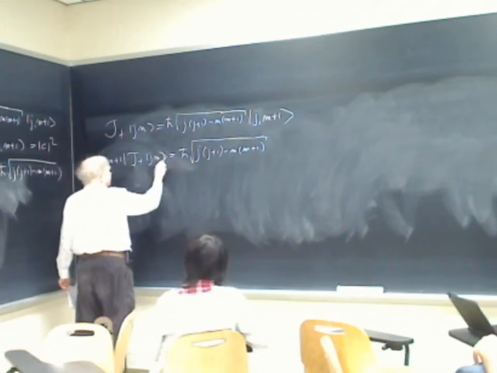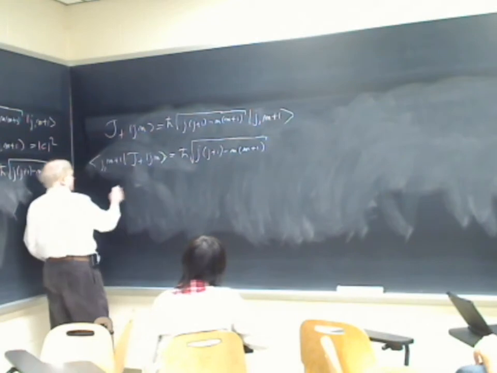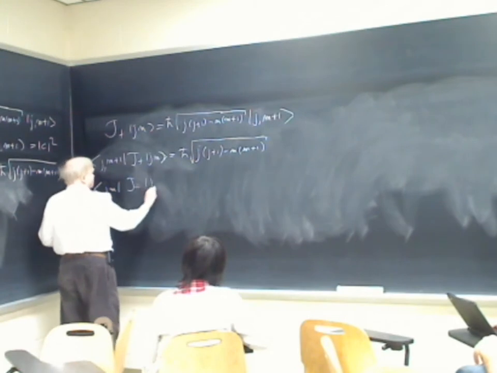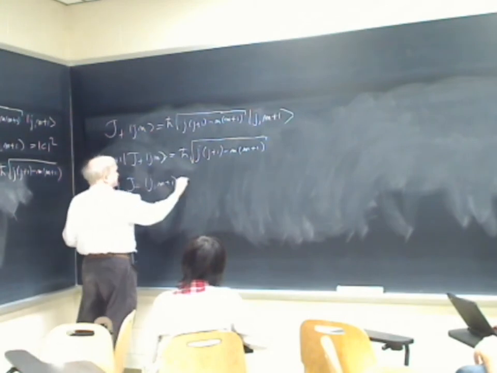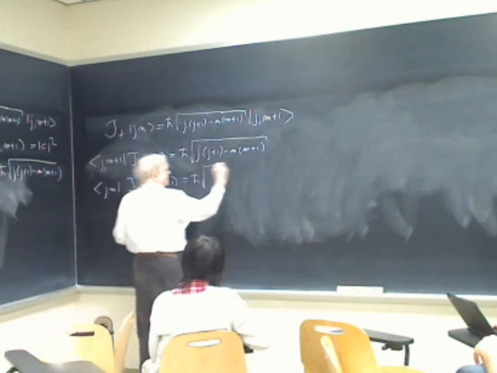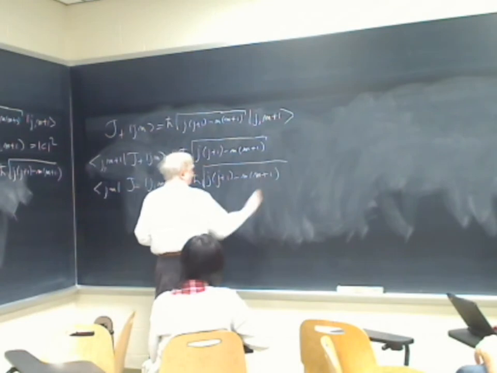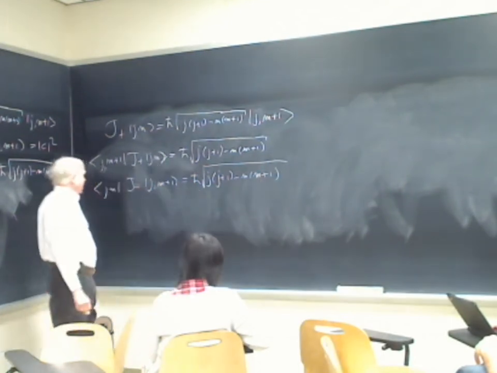If we now take the complex conjugate of this equation, we get <j,m|J minus|j,m+1>, which is the same thing, h bar square root of j times j plus 1 minus m times m plus 1.